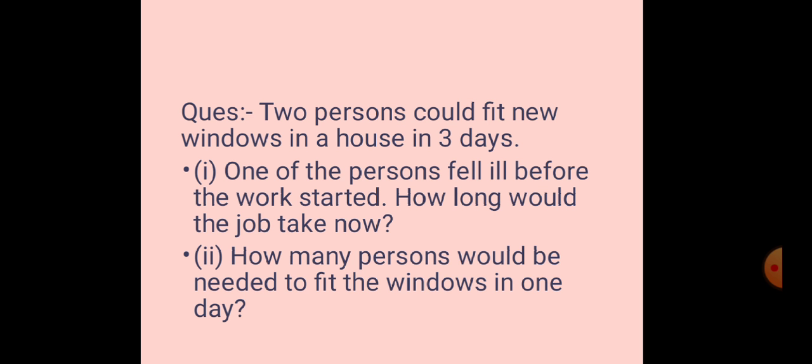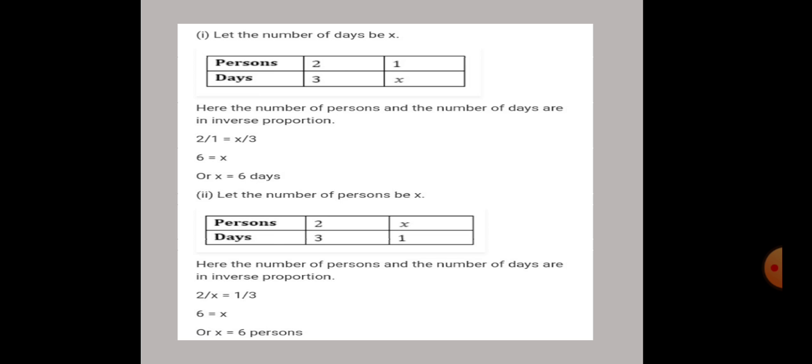When I assign one work to 2 persons for 3 days, if one person is ill, it will take more days. So let us see. Let the number of days be x. That is again a question of inverse proportion. Why? Because if the number of persons decreases, the days will increase, because one person cannot do a 2-person capacity of work.